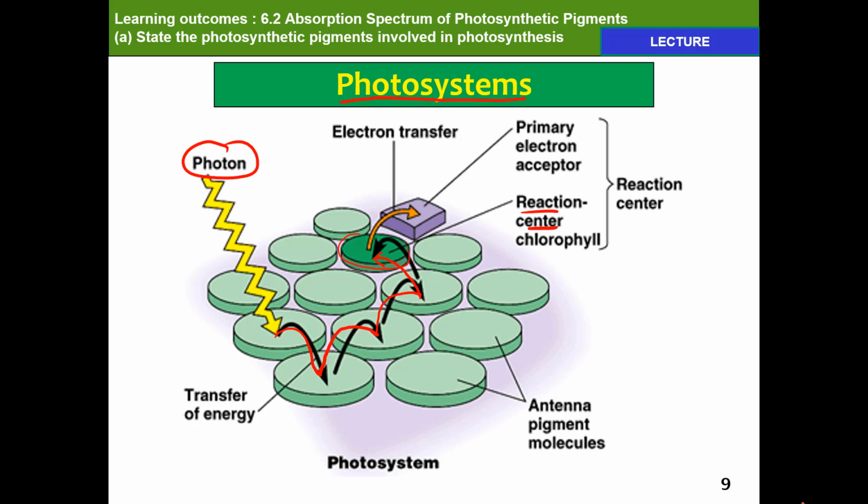At the reaction center is a primary electron acceptor, which removes an excited electron from the reaction center chlorophyll a. The removal of the excited electron starts the light reaction.